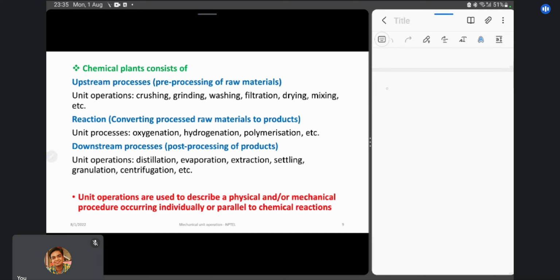Now, what is a unit operation? A unit operation is always described as a physical or mechanical procedure. In a unit operation, no chemical process is going on.